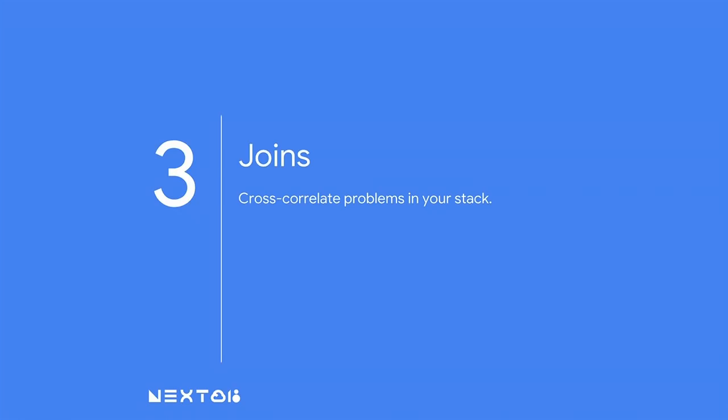The second technique that I'm going to tell you about with regard to helping you debug problems faster and reduce your time to recover is joining, to be able to cross-correlate problems inside of your stack. What do I mean by cross-correlating problems in your stack? Well, often it turns out that we have pushed something not to any one individual Kubernetes pod or any individual zone or region, but instead that something has happened under the hood.